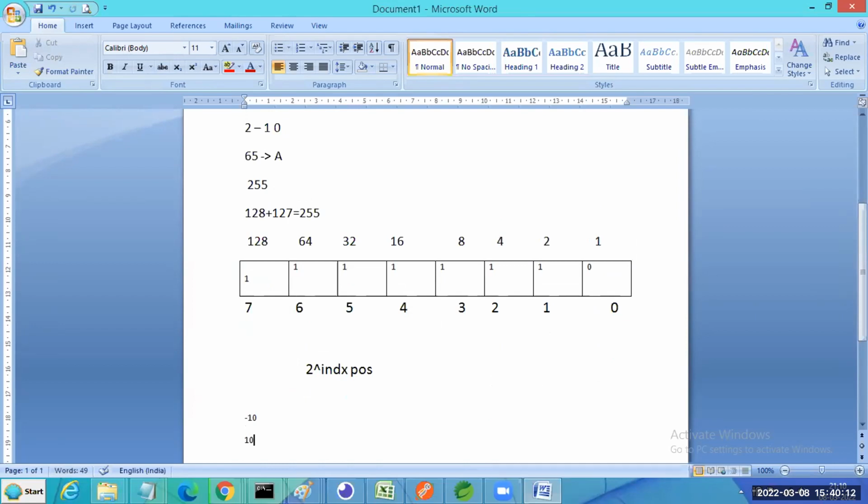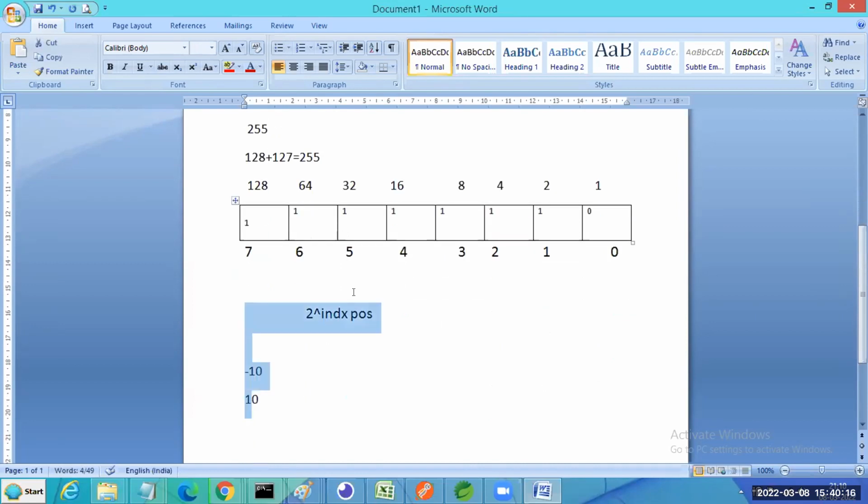A value that comes with a sign, and a value that comes without any sign, right? If no sign is given, then it is considered as what? A positive number. We never write it as plus 10, do we? No, no need.